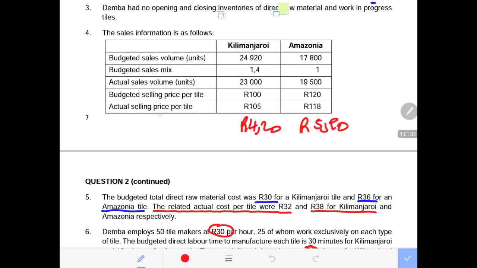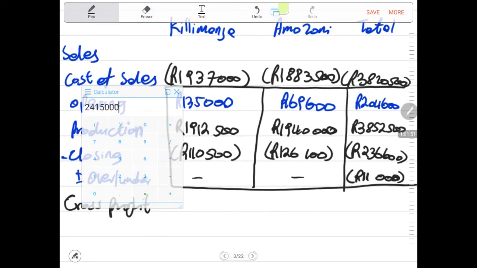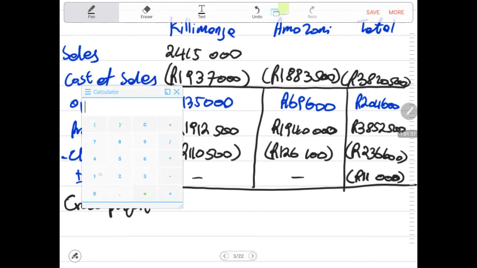Selling price, actual selling price 105 and 118. Actual sales: we have 105 times 23,000. This gave us 2,415,000. Then we go to 118 by 19,500.